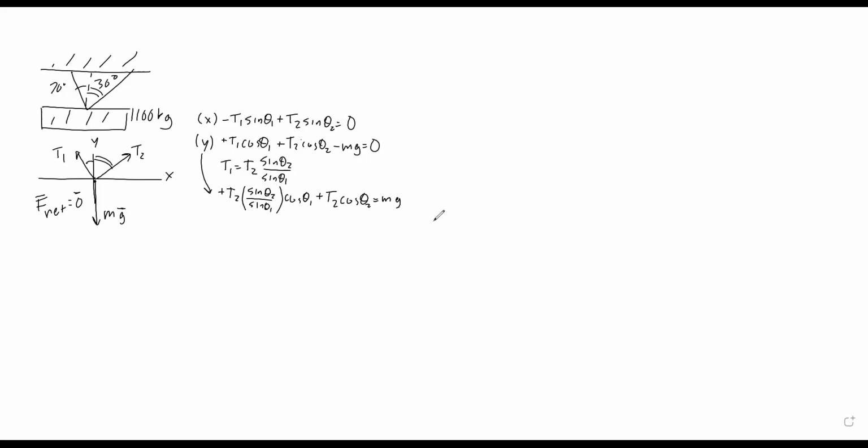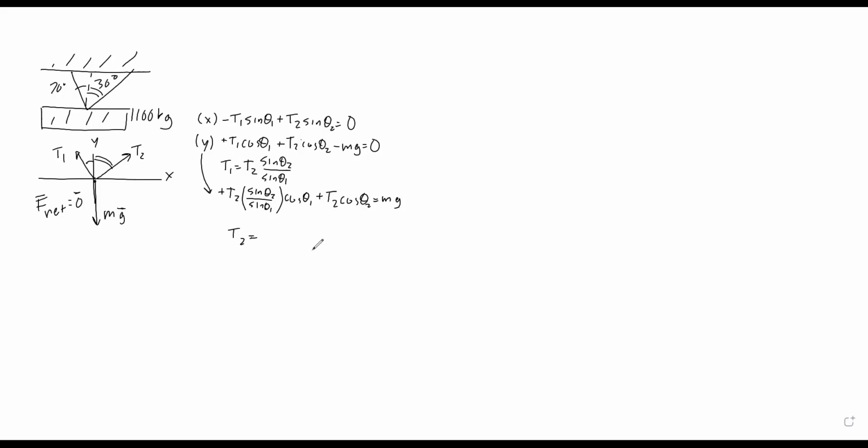And so at this point, you can just factor out the T2 and divide by everything else. You get something that's not super simple, certainly the answer. That turns into a cotangent actually.